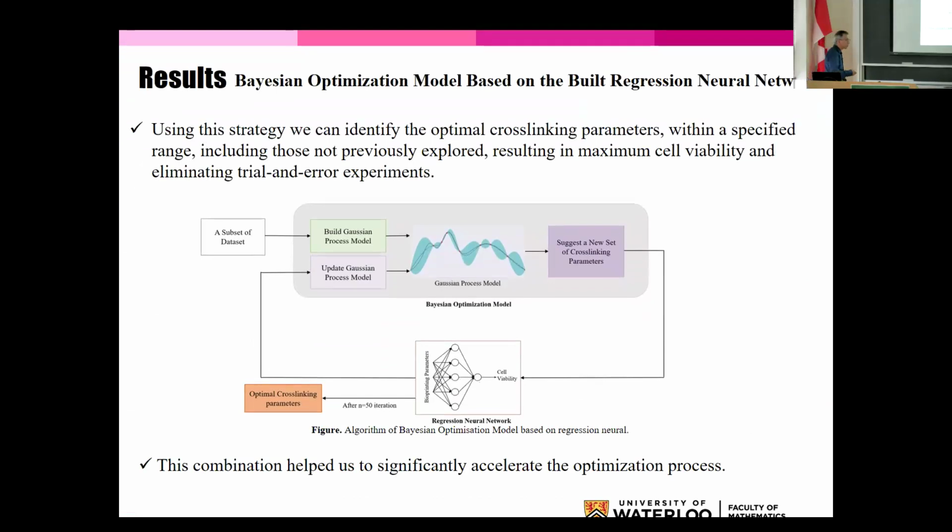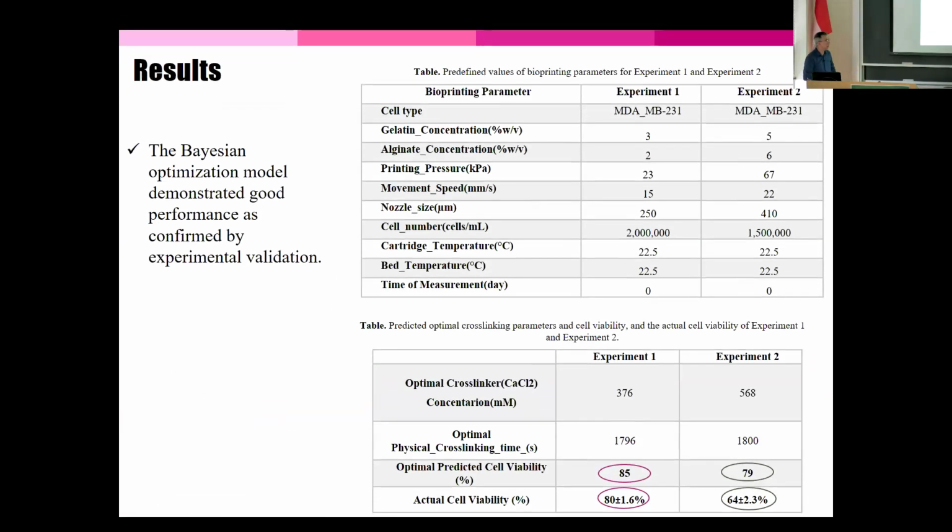This is an optimization method we could use to find for which inputs we can get the maximum viability that we are interested in. The neural network was like a black box inside our optimization problem. So basically, instead of going back and doing the experiment, we use the neural network to say, okay, given these parameters from the Bayesian optimization, what is the outcome?